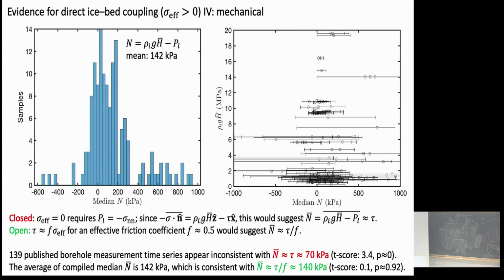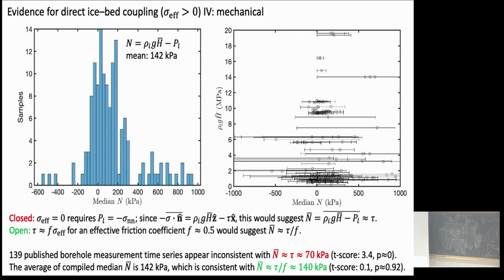It's like the shear stress in the ice. And the average one would expect, sticking in this value here for rho I g H, would turn out to be about the average of N would be about the average of the driving stress.